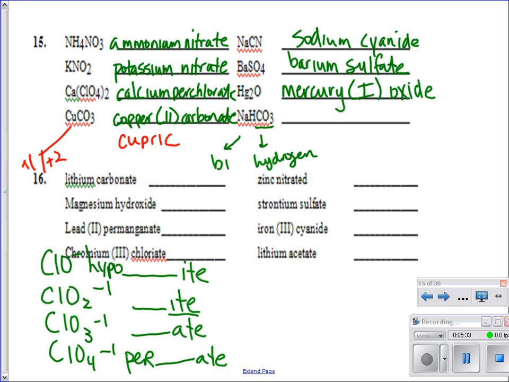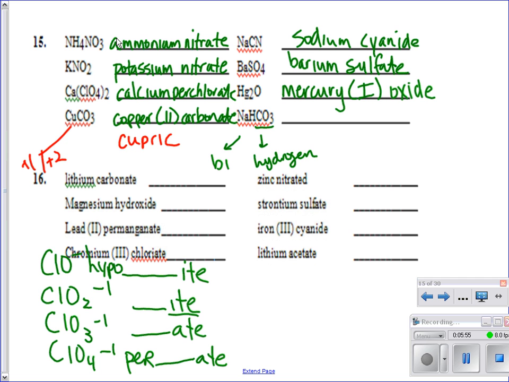Where do you see this happen? You see this happen mainly with the sulfate, the carbonate, and the phosphate ions. We'll talk more about this when we get to acid-base chemistry, but those are really the only three polyatomics that will have hydrogens randomly popping on the front of them. When you put the hydrogen on there, it is a positive 1 charge.